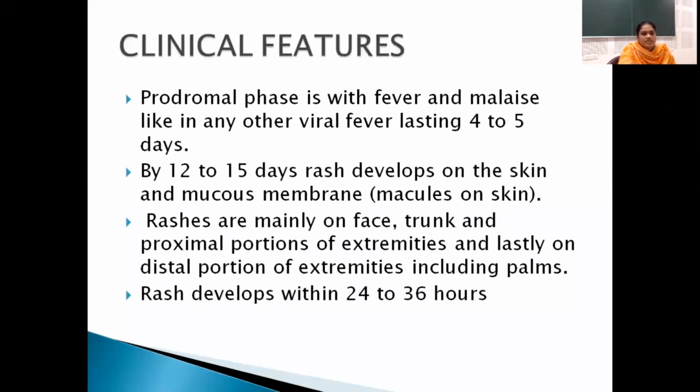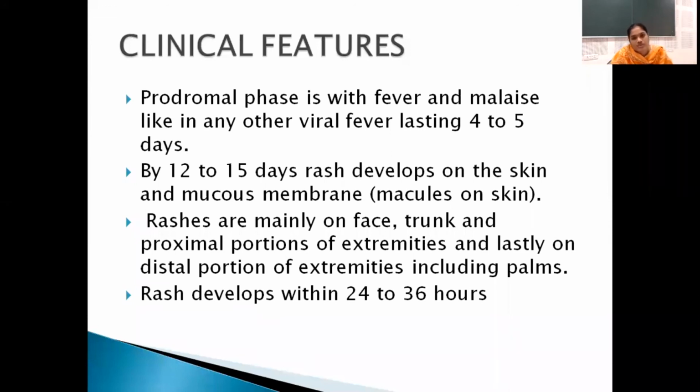The prodromal phase is with fever and body pains and lasts for around 4 to 5 days. But by 12 to 15 days, the rash develops over the skin and the mucosal membranes. The rash mainly affects the face, trunk, and the extremities, the distal and the proximal parts of the extremities, including the palms.